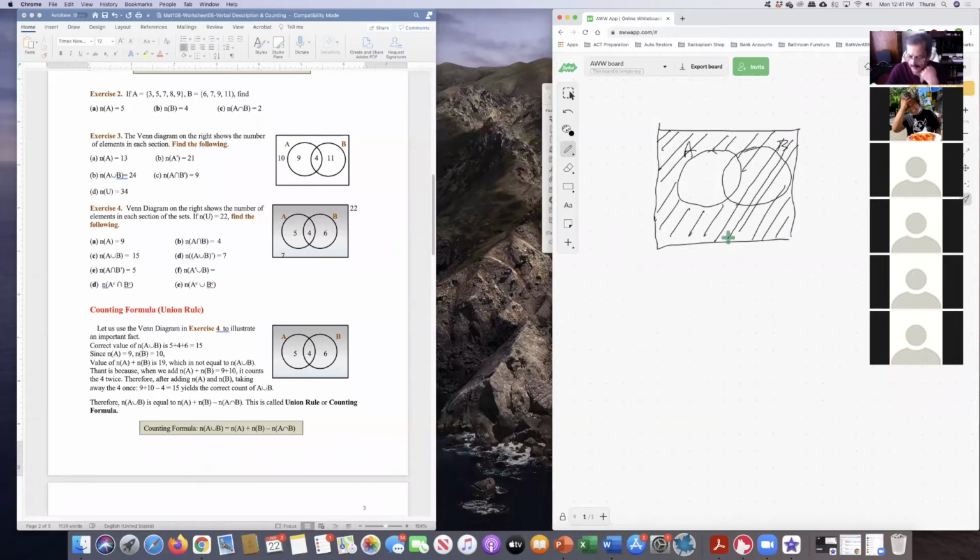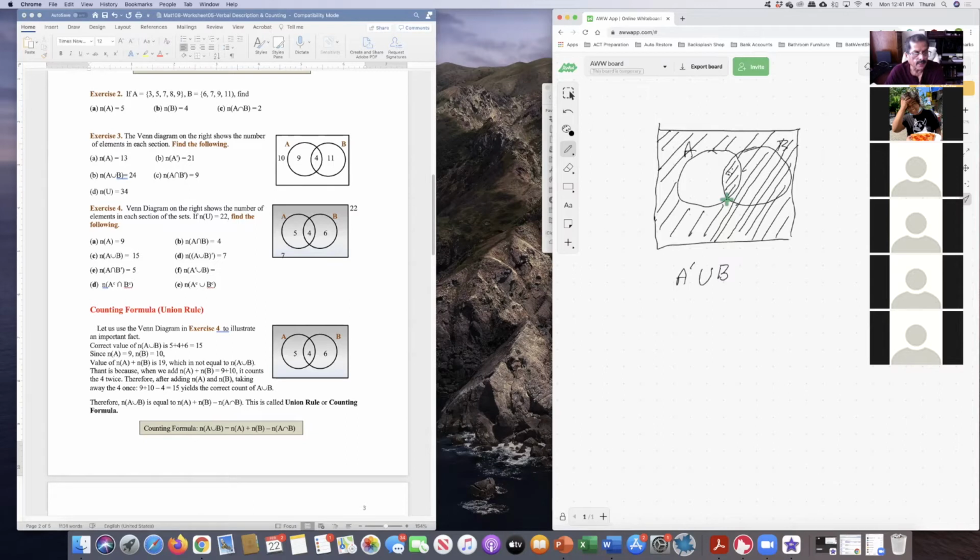Now, what I marked here is A prime, the complement of A. If I combine the B to it, part of the B is already there. So only part that was missing will be added. That's this part right here, the center part. That'll be added in when you add the B. So that's what A prime union B is, all of the region that is shaded.